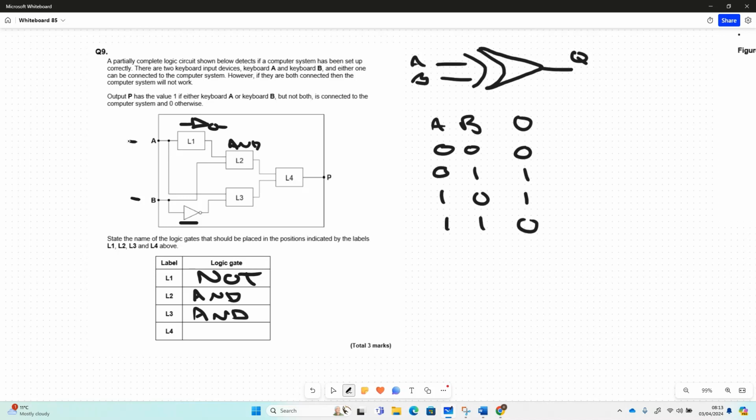And then finally, we want it to work if either keyboard is active, so this gate will be an OR gate.